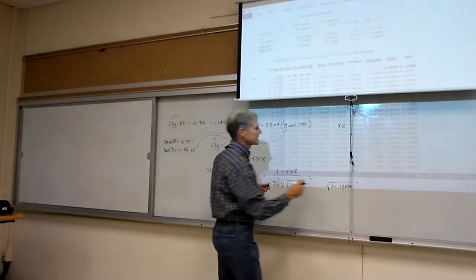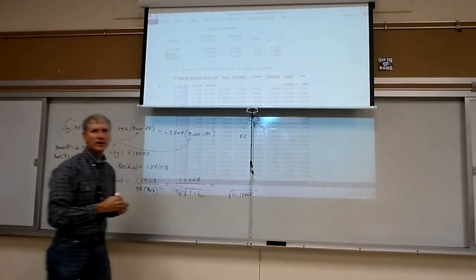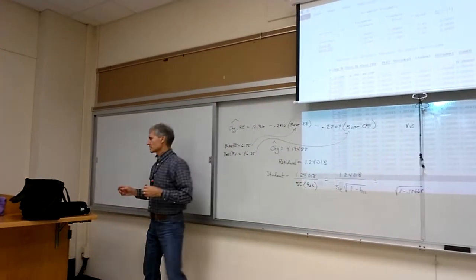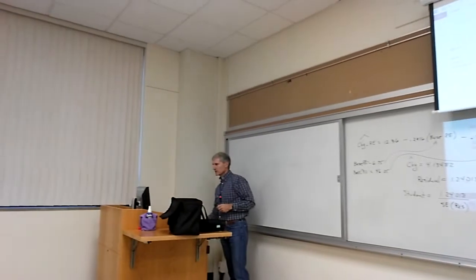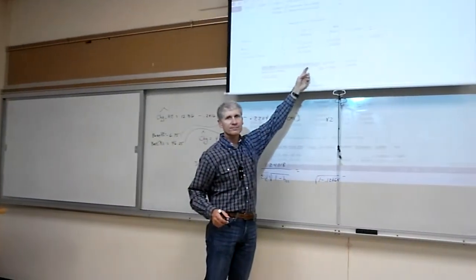Oh, right, S sub E is just root mean squared error. Okay, so let's scroll up, see what that was. Root mean squared error is 1.10817.